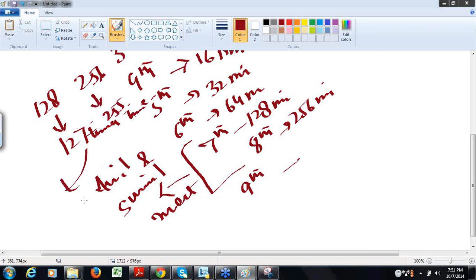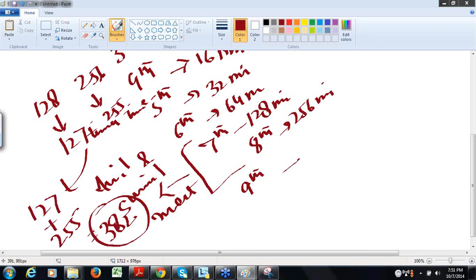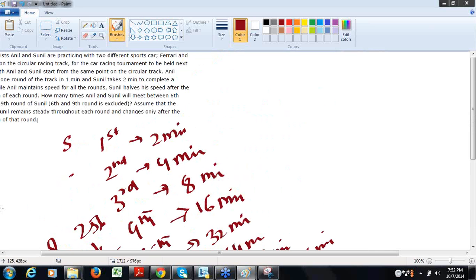So the total number of times he will meet is 127 plus 255, that is equal to 382. So 382 times they will meet in 7th and 8th round combined. We have option 382. Yes, we have option number A. We'll go ahead and mark option A.